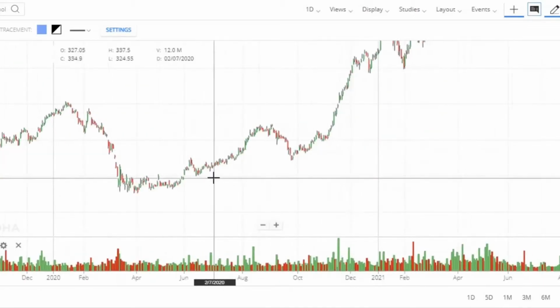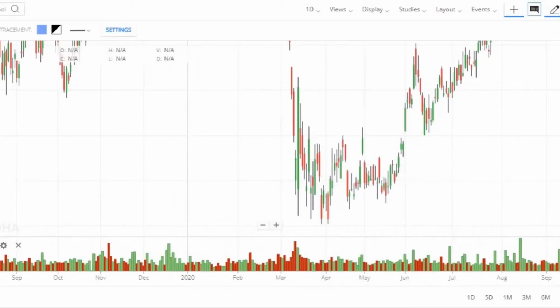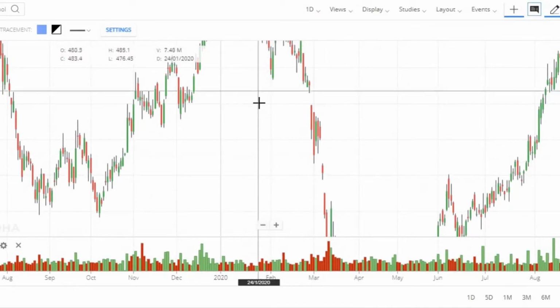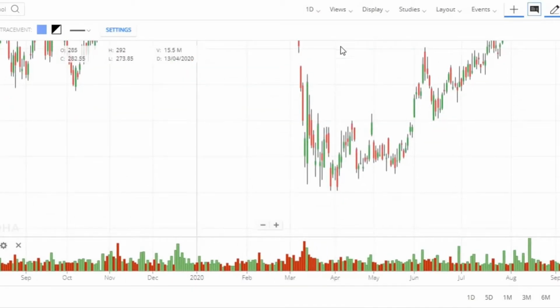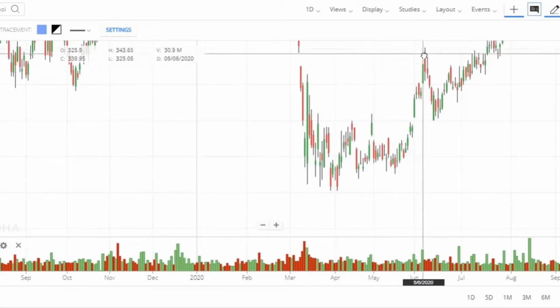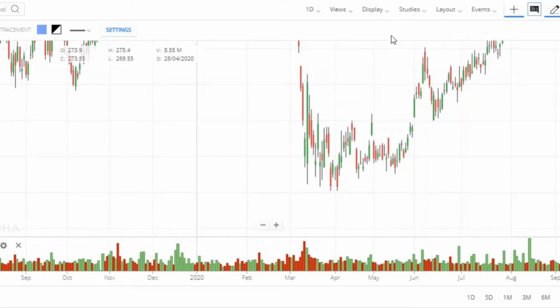So if you see clearly, the markets came down. Now this is where we have to do a bit of micro analysis. So the markets came down after breaking out of the resistance, went up again, and then started to come down again. This is a daily chart, so one candle is going to be of 1 day.